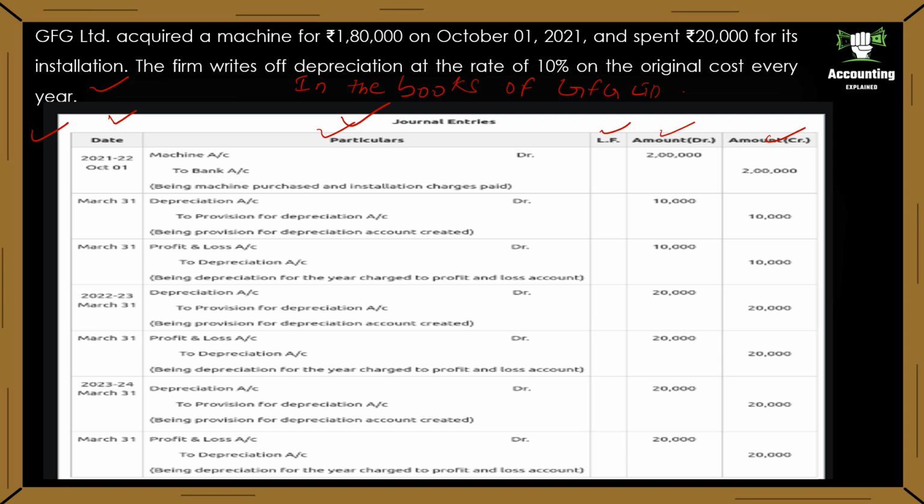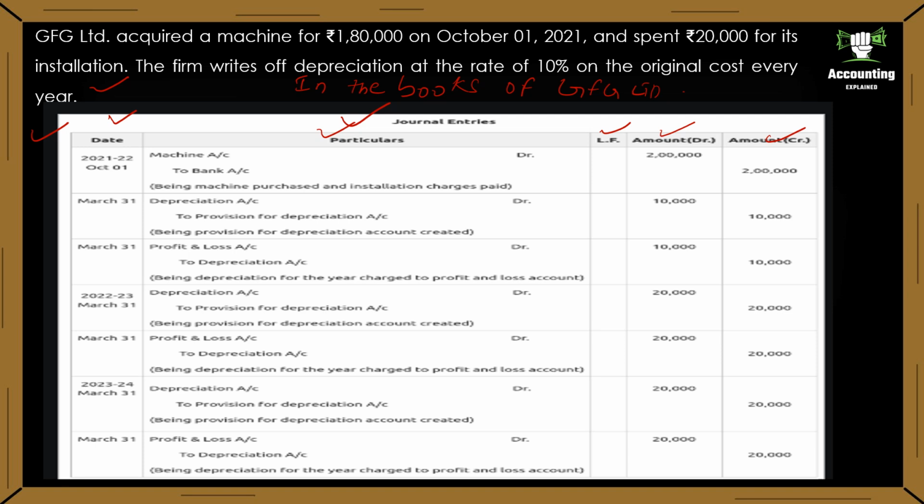First for the purchase of fixed asset, then second for creating provision for depreciation, and third for transferring depreciation to P&L account. And afterwards, for the coming years, only 2 journal entries are needed. That is for creating provision for depreciation every year and for transferring depreciation to P&L account. That's all. This is the format for provision for depreciation account.